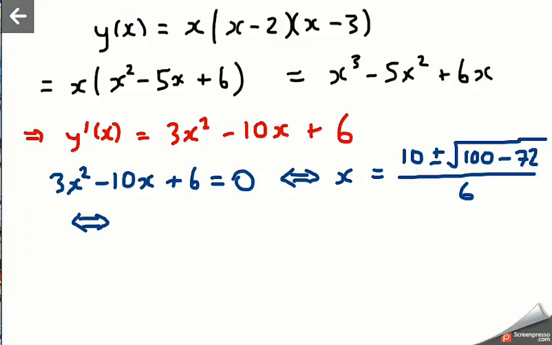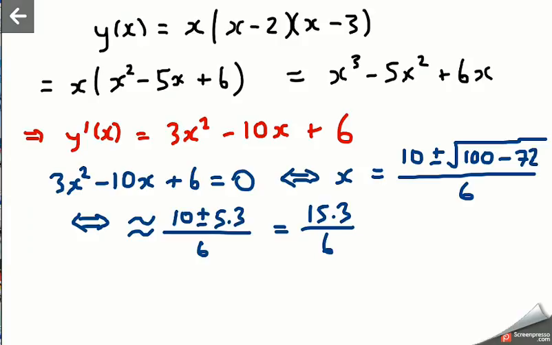So we got 10 plus or minus, so this is approximately equal to 10 plus or minus 5.3 divided by 6, which is 15.3 divided by 6, or 4.7 divided by 6. So 15.3 is 10 plus 5.3 divided by 6, and 4.7 divided by 6 is 10 minus 5.3 divided by 6.